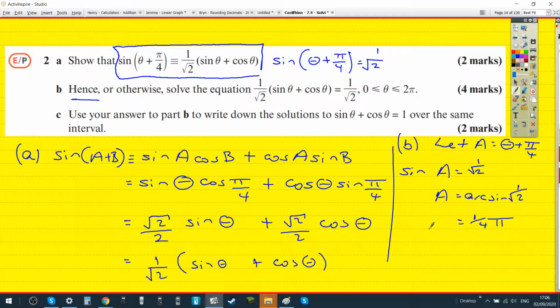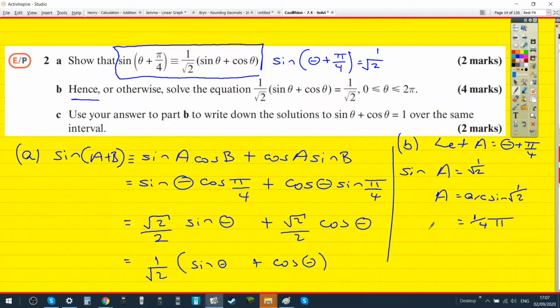And then do we have to work out the values of a between that range? So if it's sine, how often does sine repeat? 360.